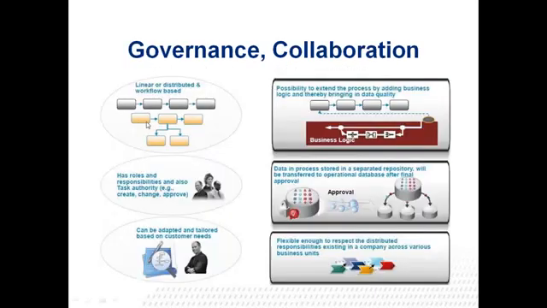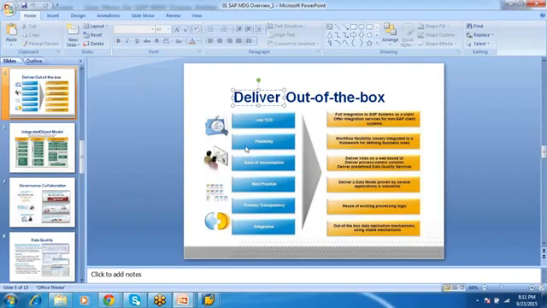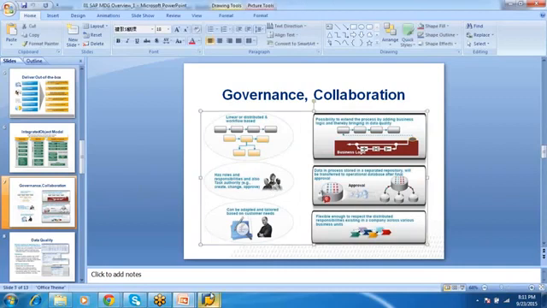So, governance and collaboration. I already explained what governance is. We have to follow a proper approval process when creating any master data record in MDG or in any enterprise. That governance process, and collaborating on the governed data with other systems, is possible by involving various teams, with roles also available.